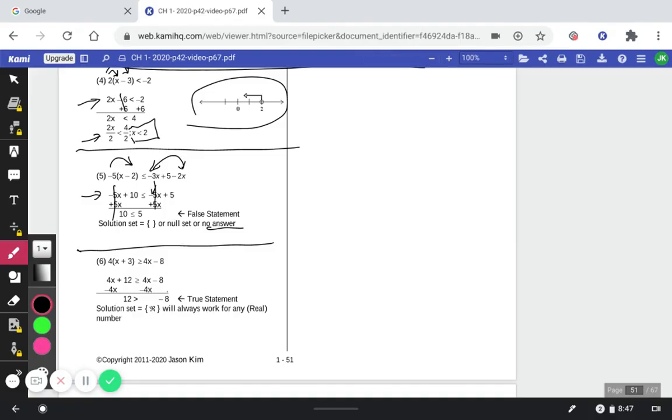Okay. Now compared to that, number 6, when you do this question, you get 4x plus 12 is greater than 4x minus 8. When you do the minus 4x on both sides, 12 is bigger than negative 8, which is a true statement. So when you have a true statement, many answers.